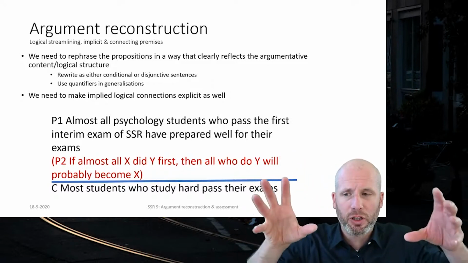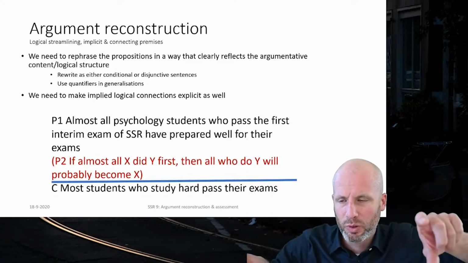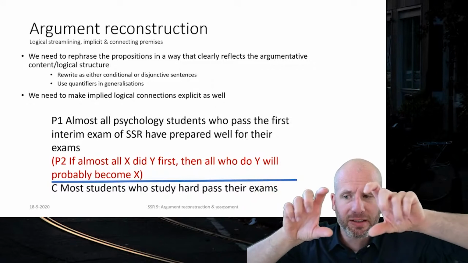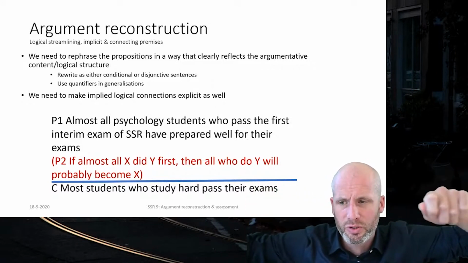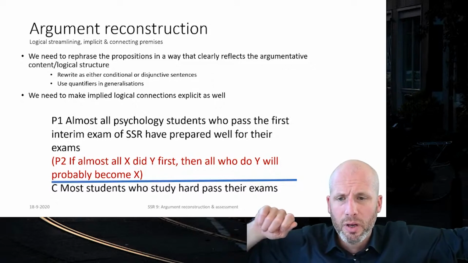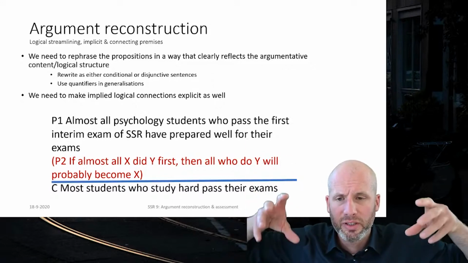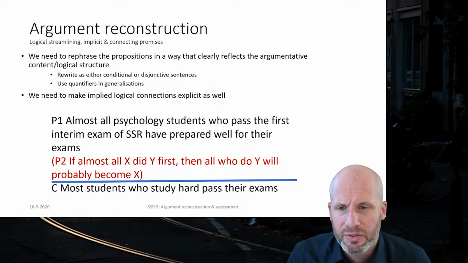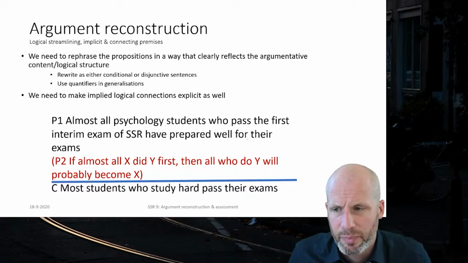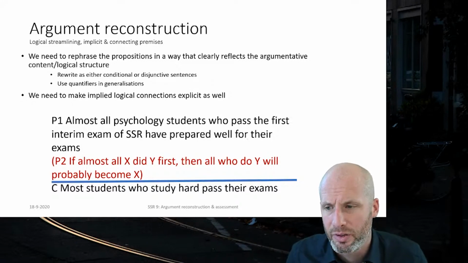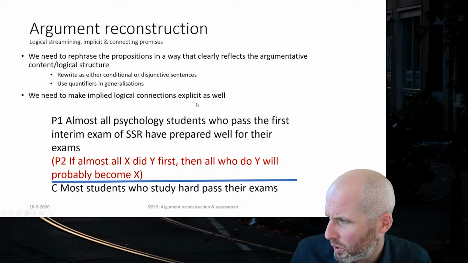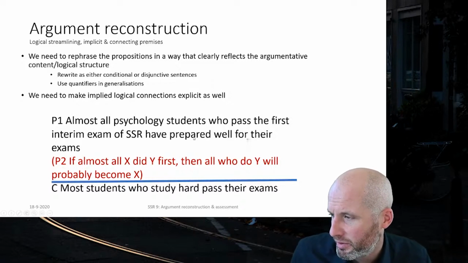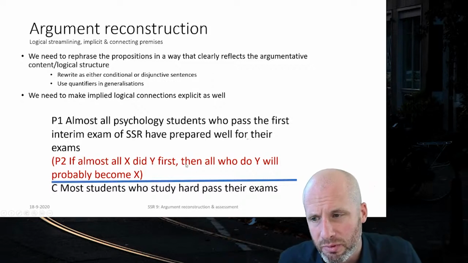So to be sure, a counterargument, and we're going to talk about it after the break in more detail, is giving an argument that has the same structure as the original argument, but by using different terms, as I did with the homosexuality and unnaturalness example. By changing those terms, you can see that the argument, depending on your reconstruction, is either not valid or unsound. In this case, you could say that, well, almost all psychology students who passed the first interim exam of SSR have slept well before their exams, or something like that.